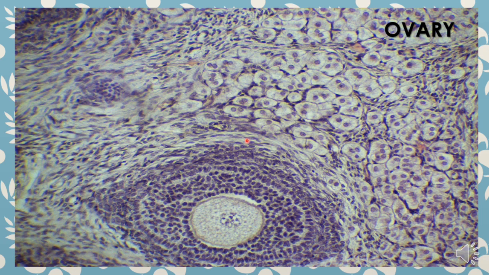And the outer layer, a connective tissue layer, is called the theca externa. The theca interna is the hormonal secreting layer, while the theca externa is only connective tissue.